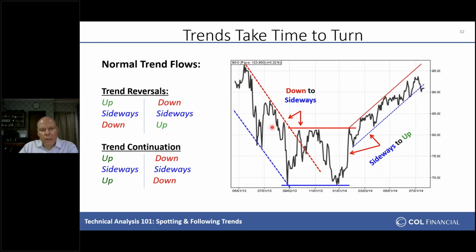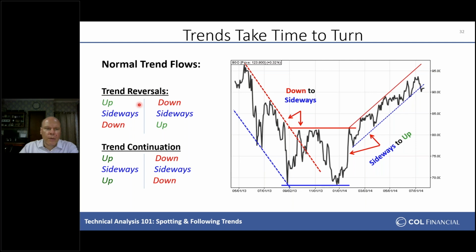After a downtrend, it makes your first rebound, but it makes a sideways shift first before it turns around to go up. Or in the opposite, an uptrend, let's say, in an upward moving market, will go from up, then sideways, and then down. What you see here is an example of this, a downtrend going sideways and then up.